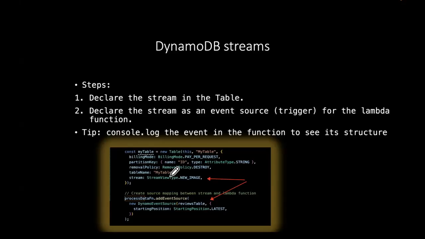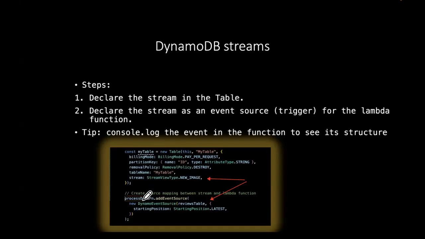So we're declaring the stream type, and I'll briefly talk about the different types. I think there are 4 different types. But the net effect anyway is it's indicating how much information should be put into each stream entry. So that takes care of telling DynamoDB to maintain the stream.